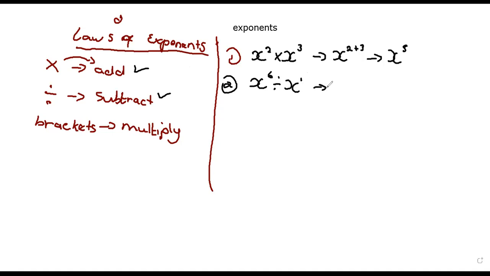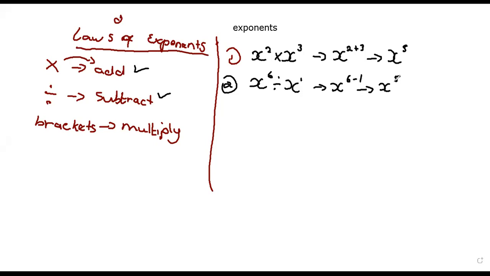So you'll take x, then you say 6 minus 1, because even if they don't give it to you, you have to know that there's an invisible 1 here. 6 minus 1 is 5. It's x to exponent 5.